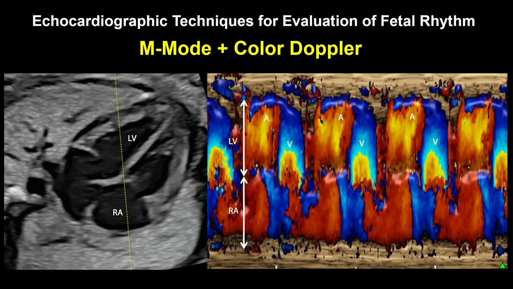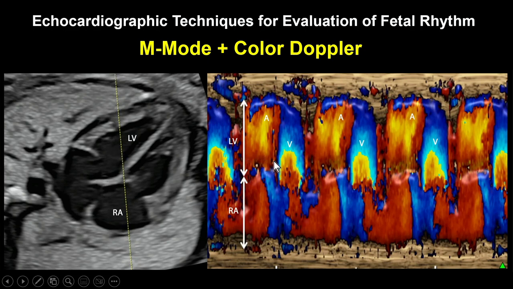Let's say you perform a scan where visualization is not great, and you deal with a very morbidly obese patient or a difficult patient because of some interventions on the abdominal wall. You may combine the 2D images with color images, and here we can see the M-mode applied across the left ventricle and the right atrium, and then we applied color.